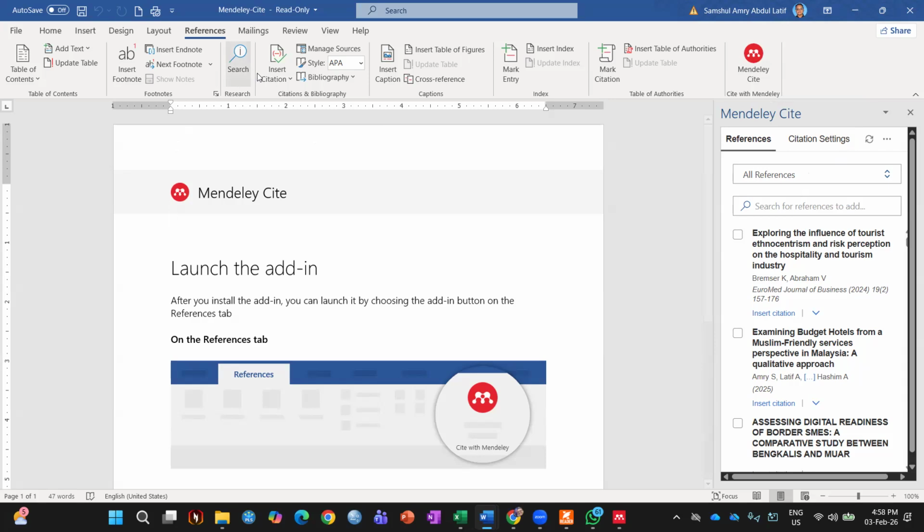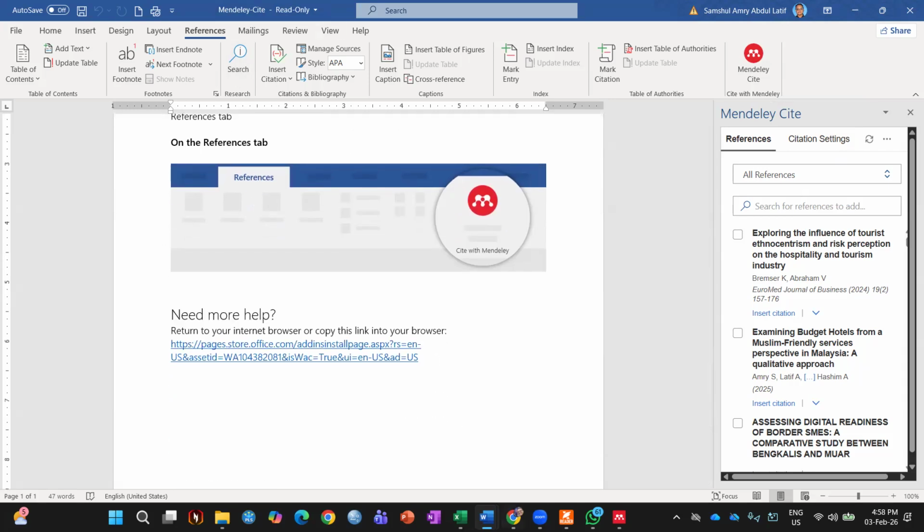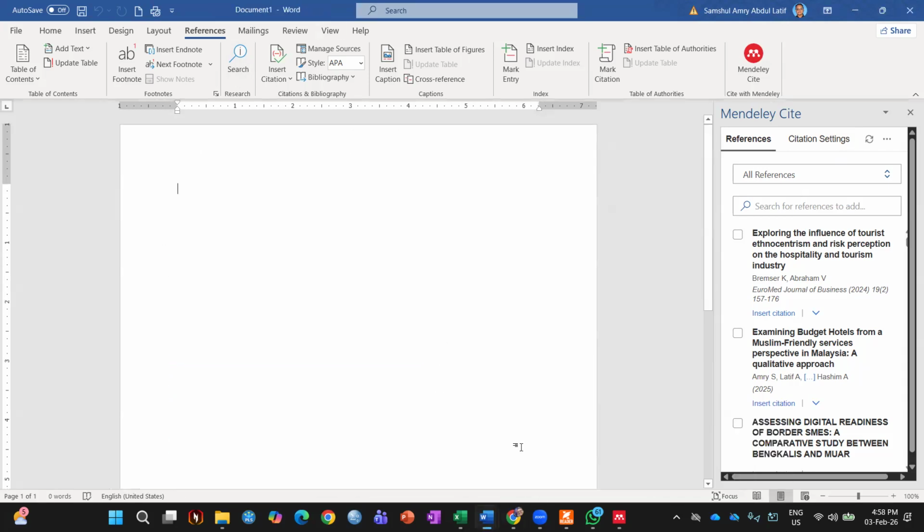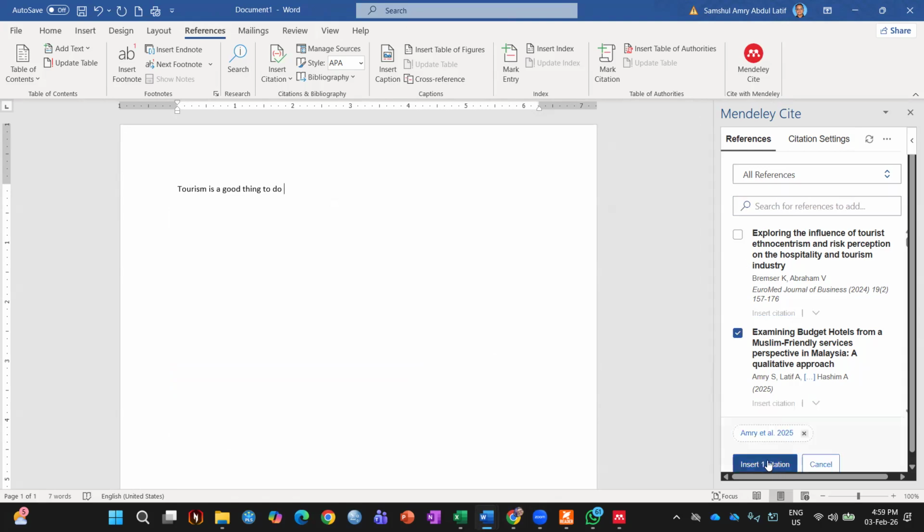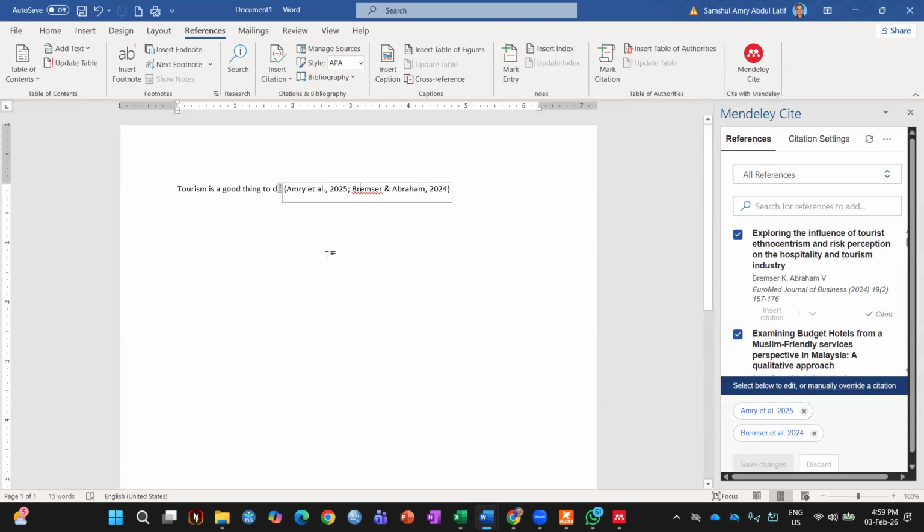So I'll just quickly do a demonstration. Let's say tourism is a good thing to do. So this is how you cite it. You can just take any one of it or any two of it and click, and there you go.